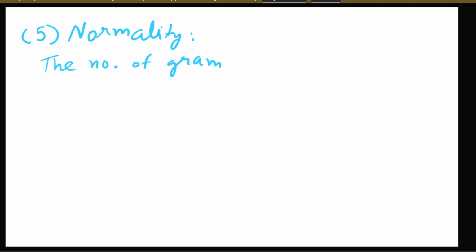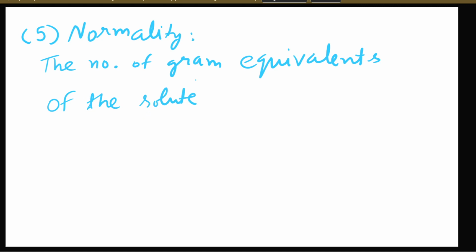After that, another term is normality. Normality is defined as the number of gram equivalents of the solute dissolved per liter of the solution.